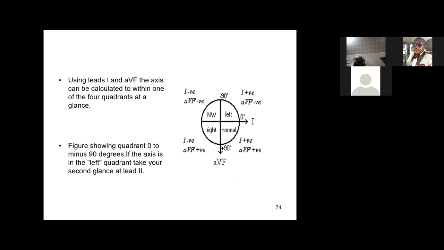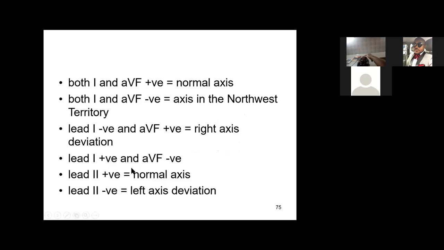Using leads 1 and AVF, the axis can be calculated to be within one of these 4 quadrants at a glance. And this figure shows quadrants 0 to -90 degrees. If the axis is in the left quadrant, take your second glance at lead 2. So once again, briefly, both 1 and AVF positive, normal. Both 1 and AVF negative, axis in the northwest territory. Lead 1 negative and AVF positive, right axis deviation.